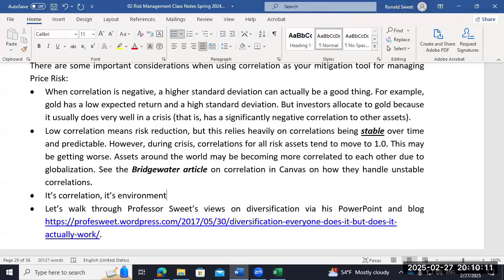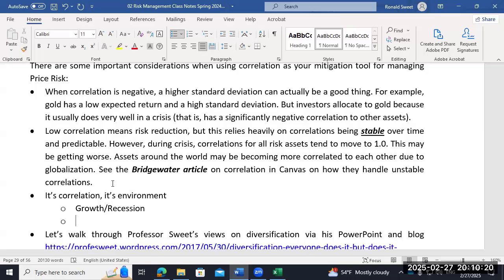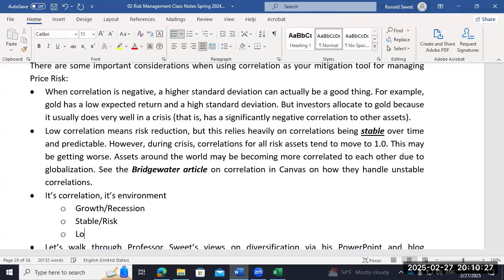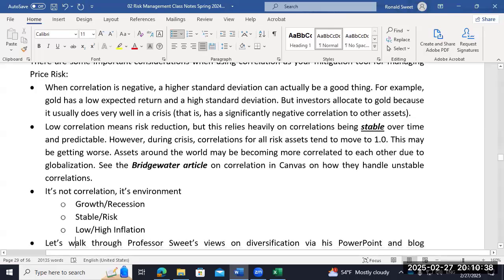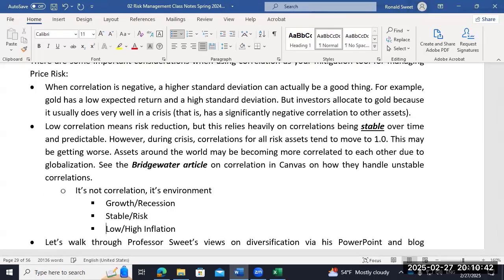I want you to think about this as we get into these more difficult problems. What are the environments? There's growth versus recession. There's stable versus risk. And there's low and high inflation. I think you missed the word not between the it's and quote. Oh, sorry. So Bridgewater is saying, forget correlation, think environments.